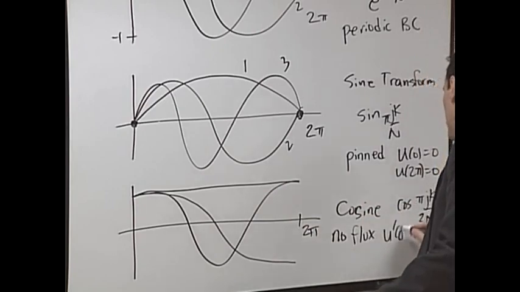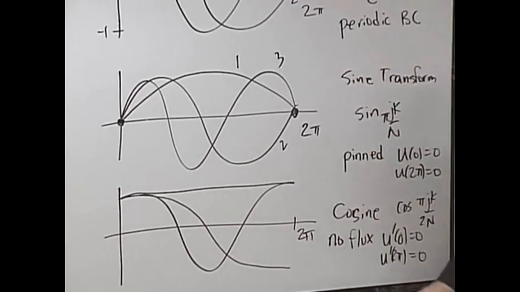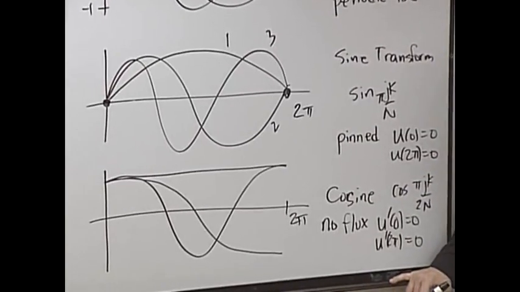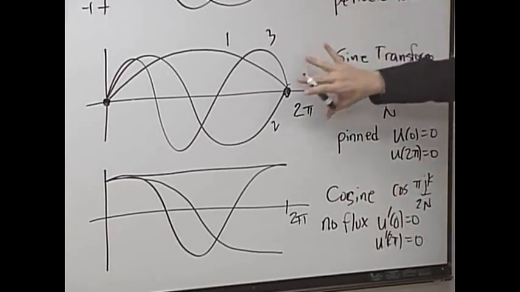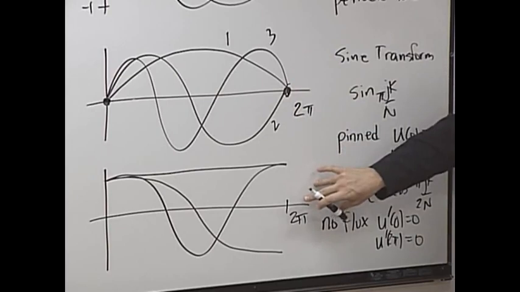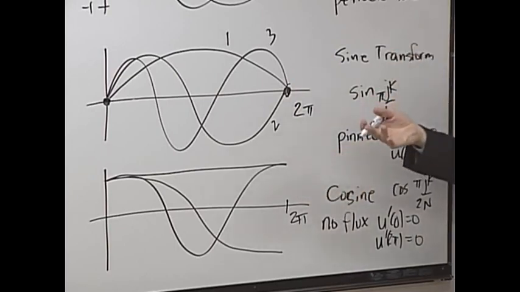So the derivative is 0, and sorry, I'm writing way down on this board, but I had to put all three stacked up or else it wouldn't look nice. So you go periodic, pinned, no flux. There's a reason you choose different versions of this transform.